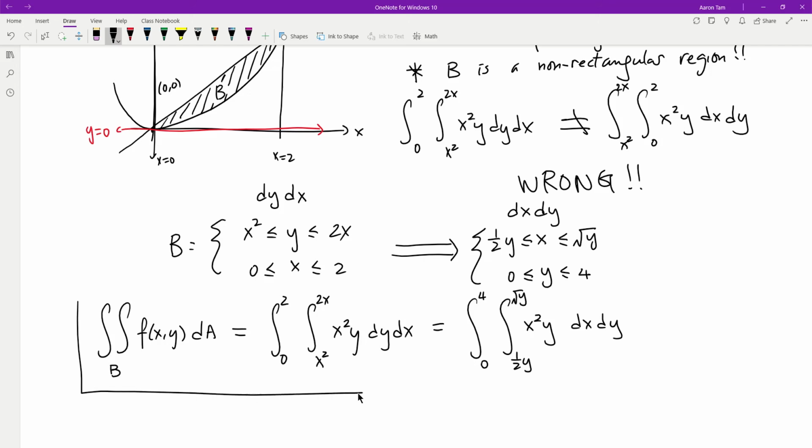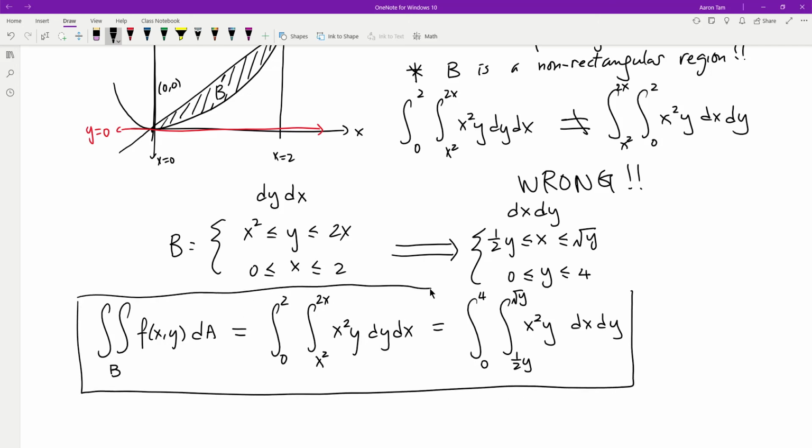So that's the proper way to reverse or change the order of integration: first describe what the region of integration is by setting up a new set of double inequalities. Once you do that, the double inequalities simply become the limits.